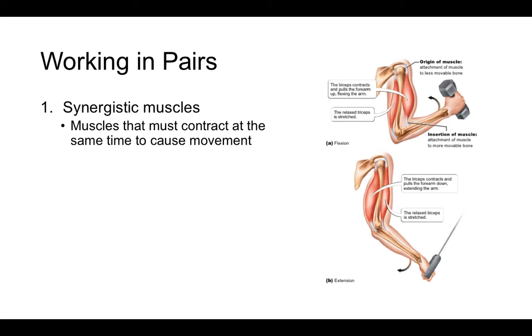So your muscles work in pairs. There's two ways that muscles work together. They work synergistically in that muscles contract at the same time, causing one movement. For example, you have four heads to your quadriceps, hence quadriceps. You have your vastus intermedius, your vastus medialis, your vastus lateralis, and your rectus femoris. Those are all your main four quadriceps. Those work together to pull your leg up.